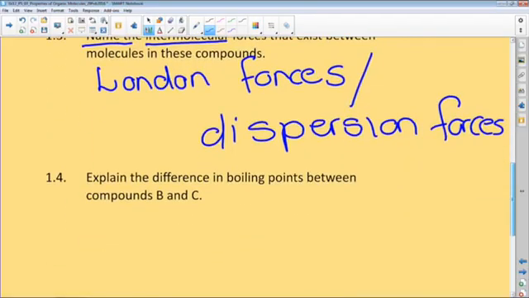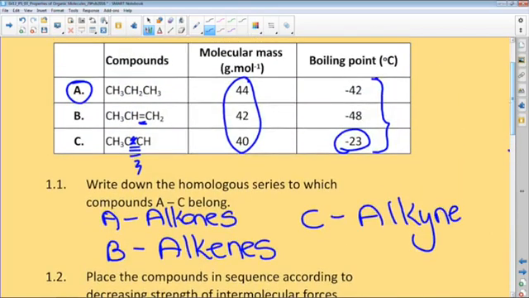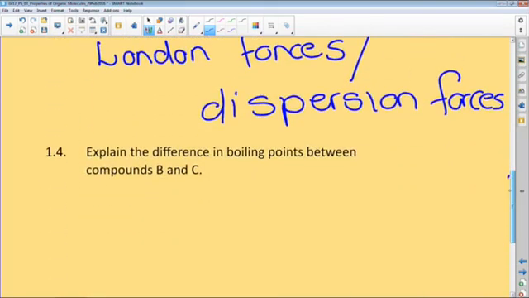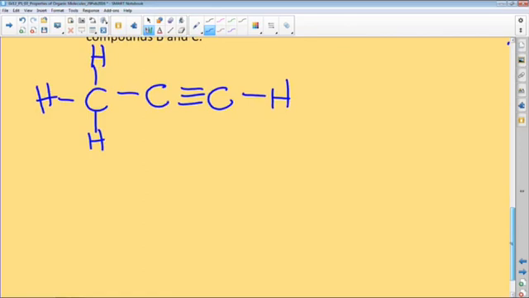Now we get to the fun question. Explain the difference in the boiling point. We look at this and we go, fine, B and C. B is a double bond, C is a triple bond.